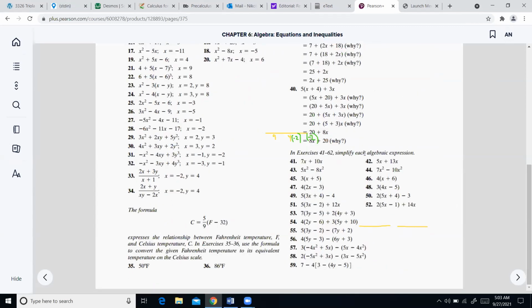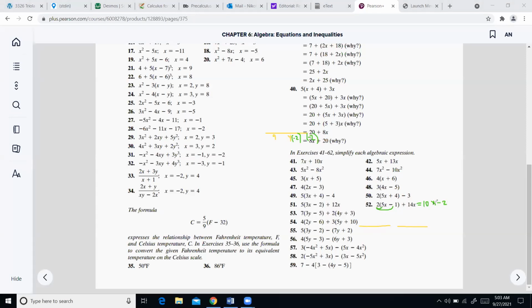The other part of simplifying was working out expressions inside the parentheses. So we had to distribute, right? Like in exercise 52, for example, I could multiply by 2 and get 10x minus 2.